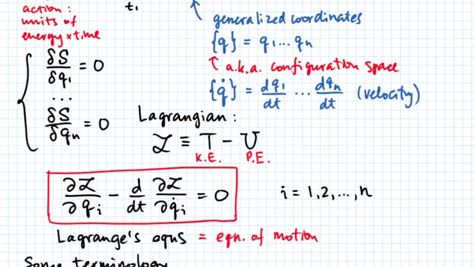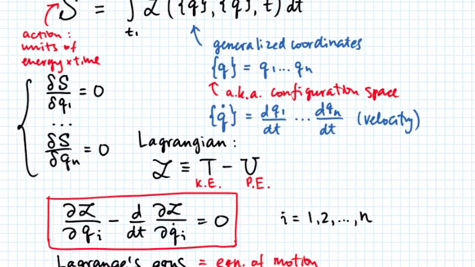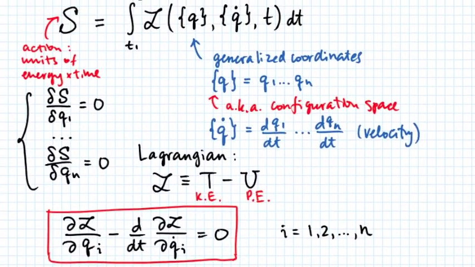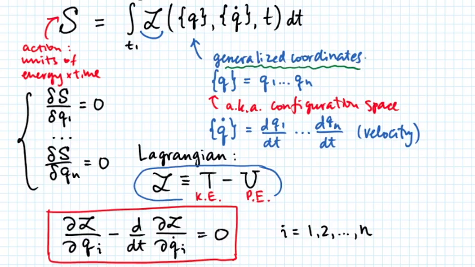So we have formulated Lagrangian mechanics. Once again, we have the principle of stationary action defined in terms of Lagrangian, which is itself given by kinetic energy minus potential energy of the system, and is written as a function of generalized coordinates and generalized velocities, and time as the independent variable.